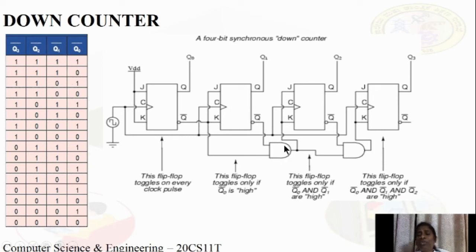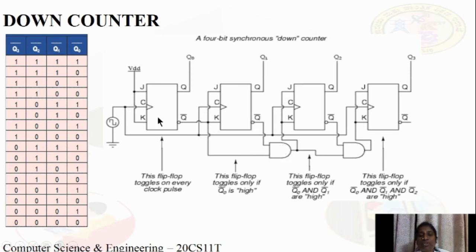And to get 1 to this AND gate, we derive the first output from Q0 bar as the first input, and the second input for this first AND gate is Q1 bar.